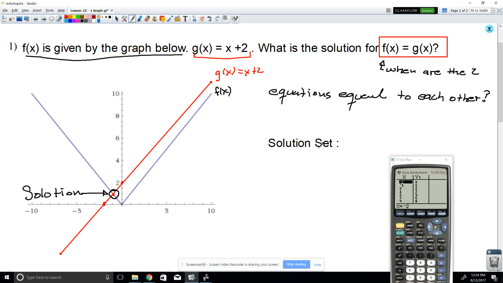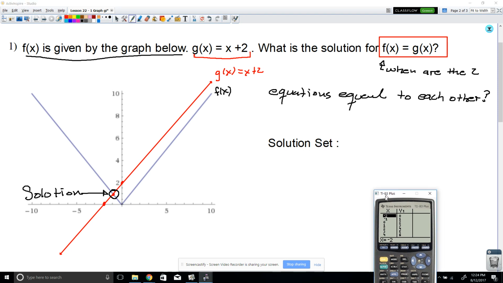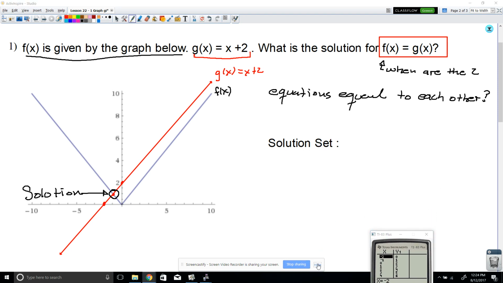So now the solution set means at what coordinate points do we have a solution here. So we have at negative 1 comma 1. So the solution set here is negative 1, 1, and that's the only solution. So let's just write that down here. The solution to the system of equations is just 1 point, and that's negative 1 comma 1.